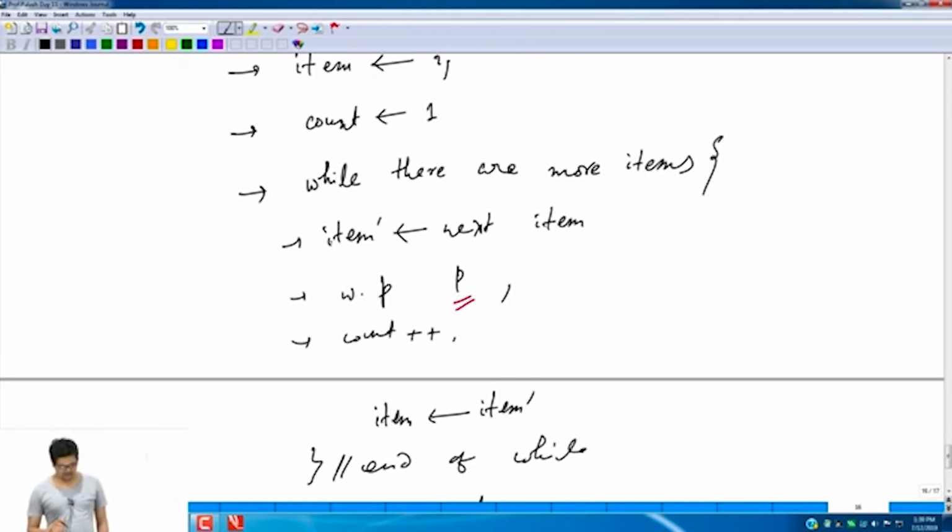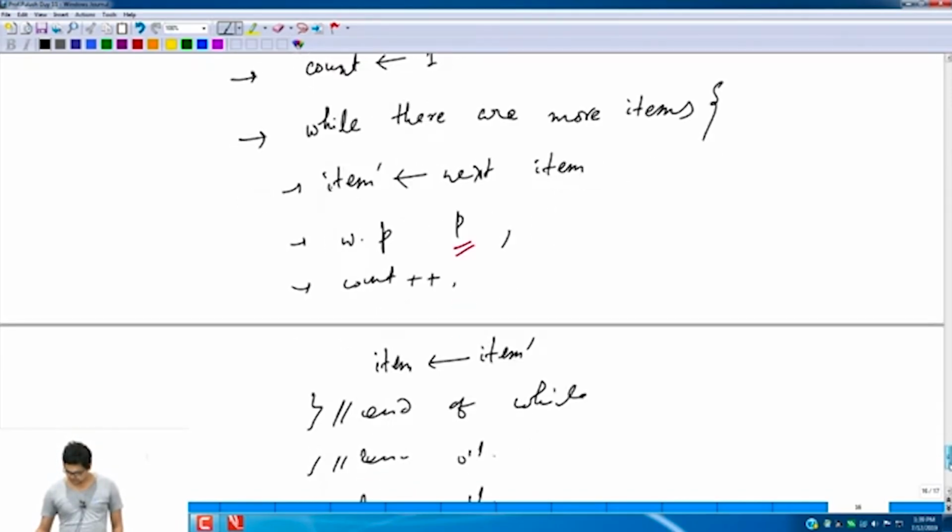This algorithm is completely specified except for this P. So I just need to tell you the value of P, and then you can write the C code and run it. If I tell you the value of P, what to put in P, then the algorithm is completely specified.